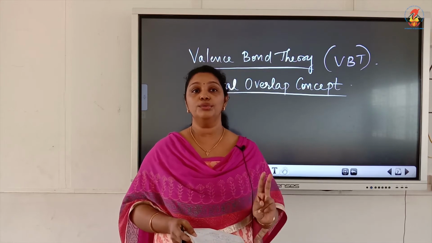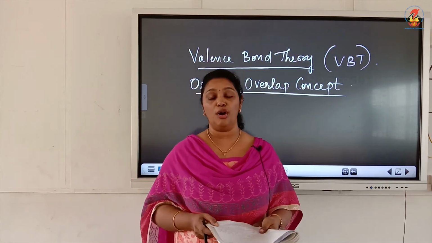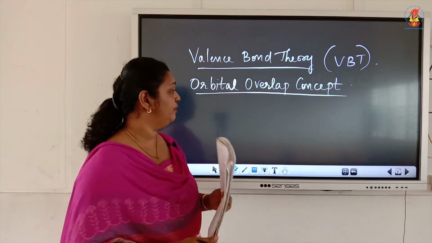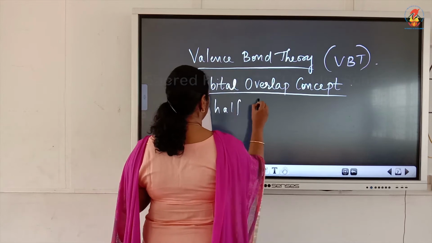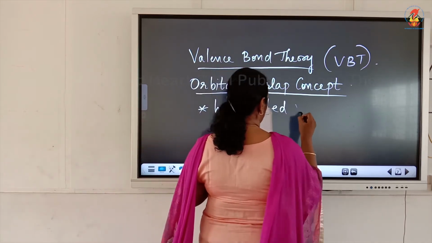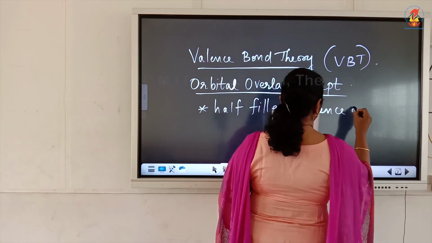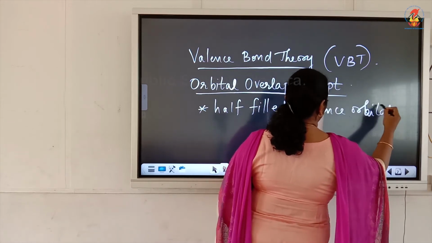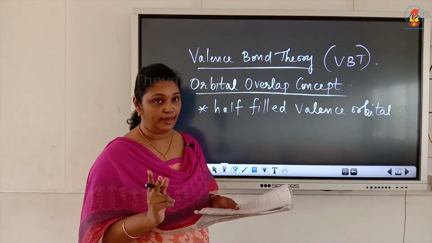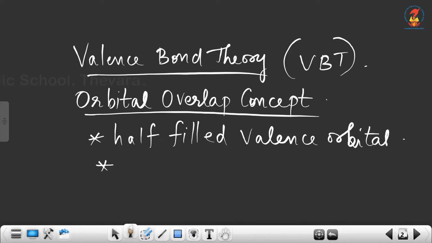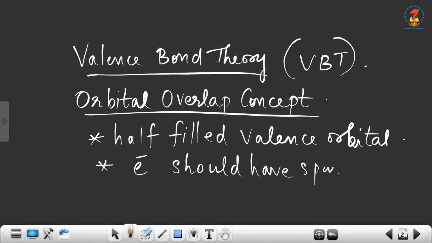So there are two things to be noted under orbital overlap concept. The first thing is that the half-filled valence orbitals of the atoms will overlap. And the second thing to be noted is that the electrons should have spin in opposite direction.